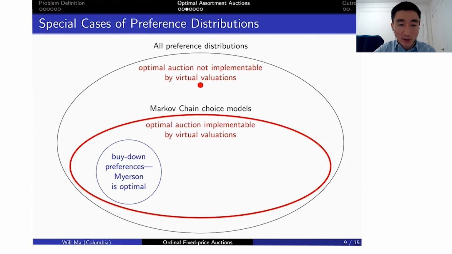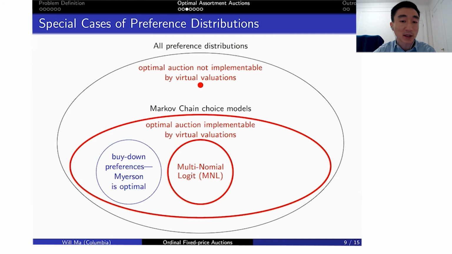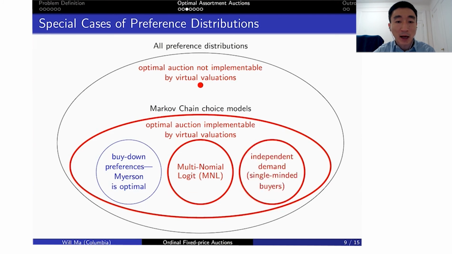And so our main positive result is that for this rather large class of choice models, the optimal auction can be implemented by virtual valuations. So it actually captures, I would say, a lot of the choice models that are commonly studied. Specifically, it captures multinomial logit, which is the most commonly studied choice model used in practice.